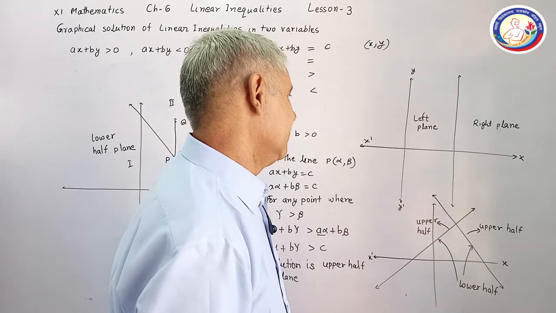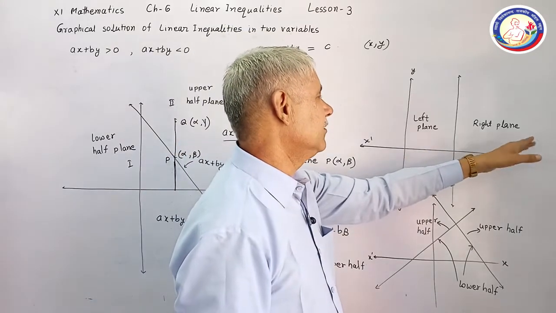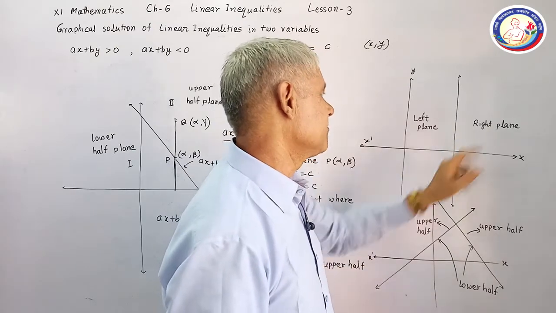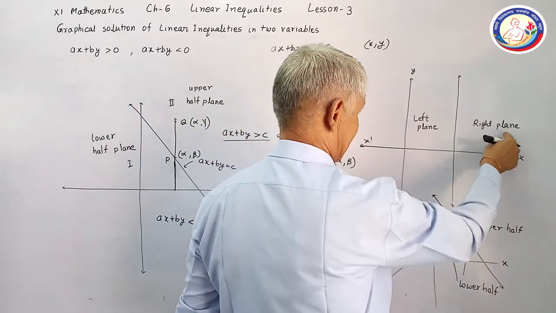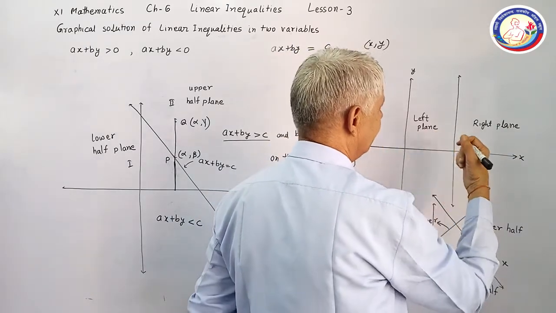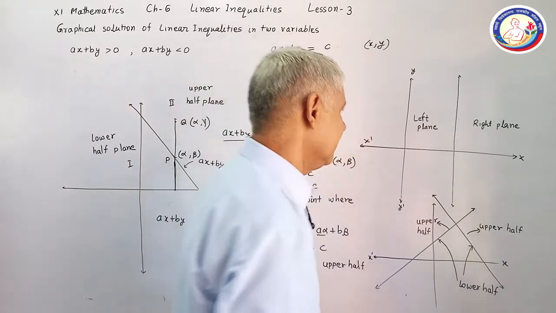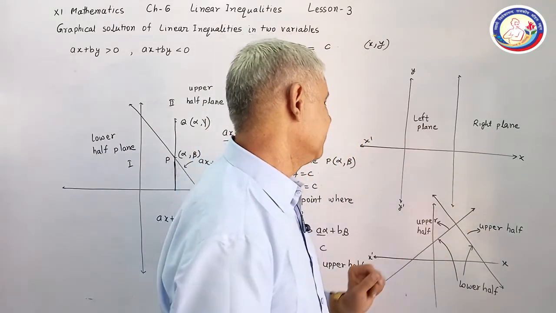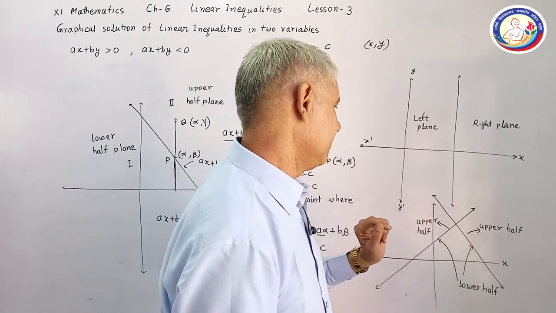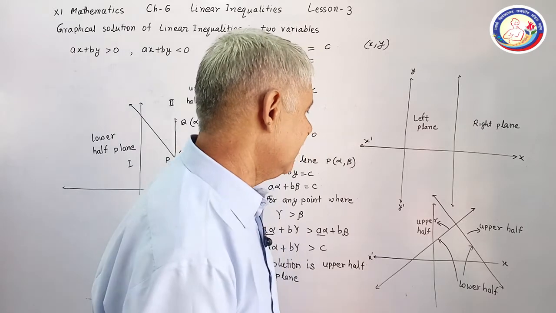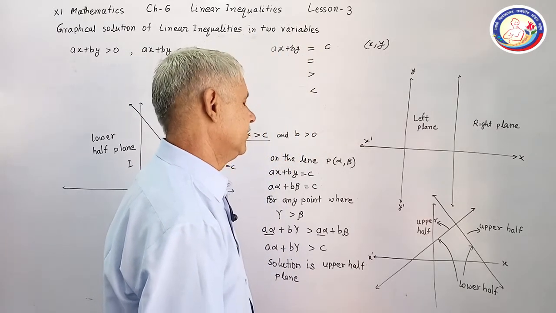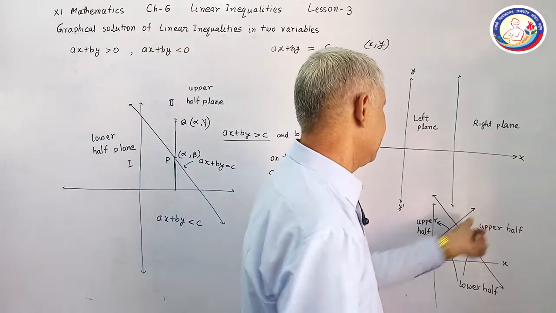parallel to the y axis. This line divides the whole plane into two half planes: this is the right half plane and this is the left half plane. If we add these two half planes, we will get the full plane. Again, if the graph of a line is a transverse line, an oblique line, then it divides the whole plane into two halves. Say this is the line.